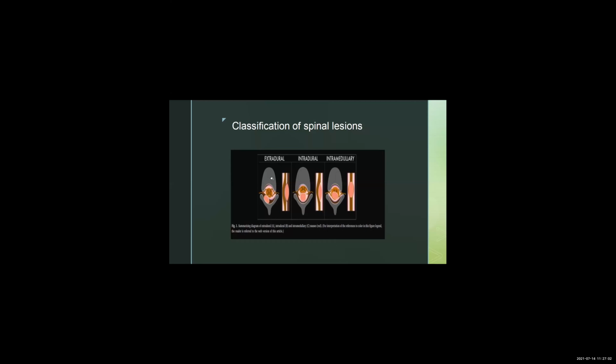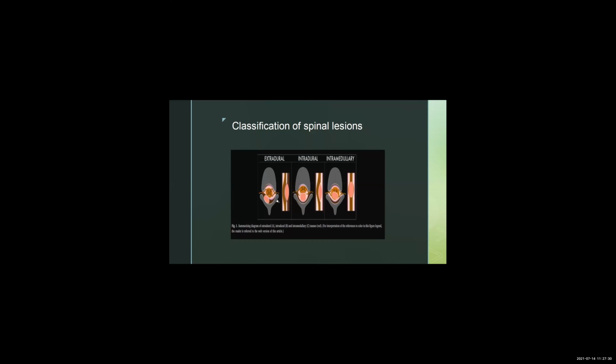So this is an axial view of the spine. This is a sagittal view right here. Axial, sagittal. So here's your spinal cord, this thing with the H in the middle of it. And this pink thing is some kind of lesion. And then this thing is the spinal cord.